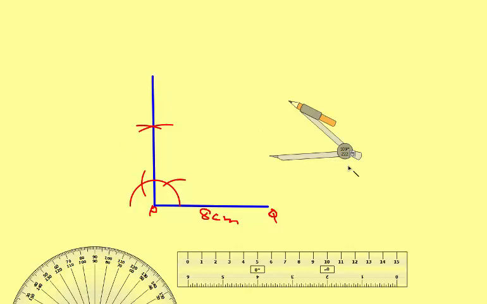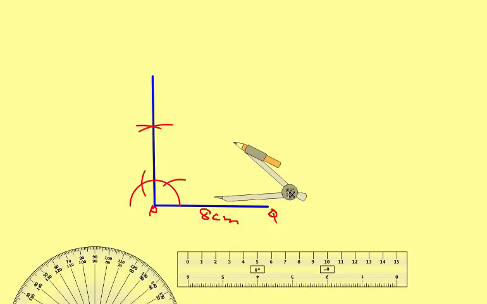So from here we can construct our 45. Use these 2 points here. Good. Move to this point with the same radius.